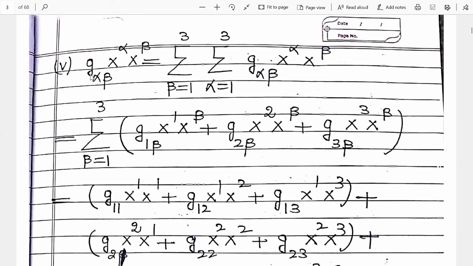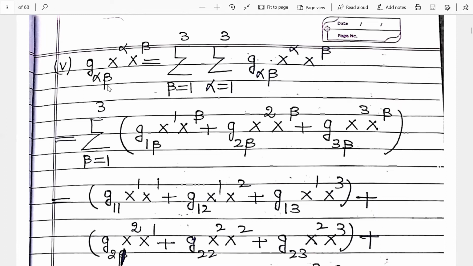Above that, g alpha beta x alpha x beta. Now here we have two variables, alpha and beta, so we take two summations. Alpha is running from 1 to 3, beta is running from 1 to 3.